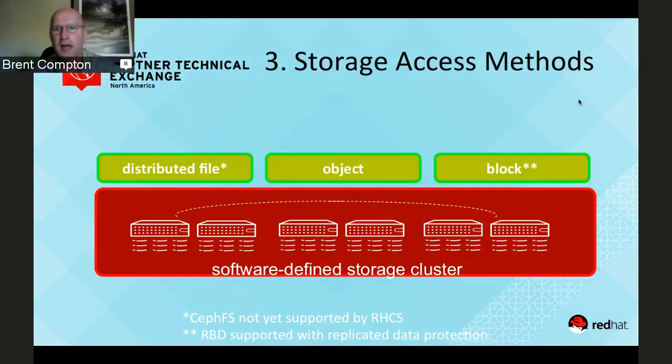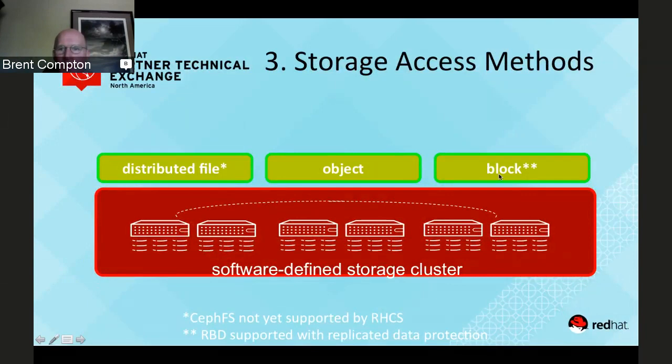Okay, so with those considerations, the third of 6 design considerations we look at is the obvious storage access method. This is simple and obvious. A couple of caveats will come into play later on. I used white font, sorry about that. The last at the bottom, it's kind of hard to see. But for instance, obviously, Rados block device is supported with a replicated data protection scheme only.